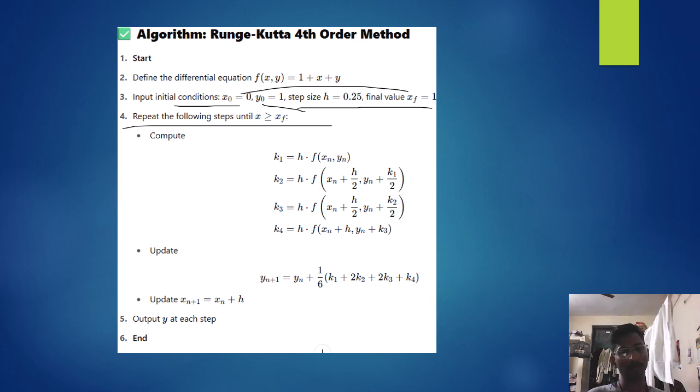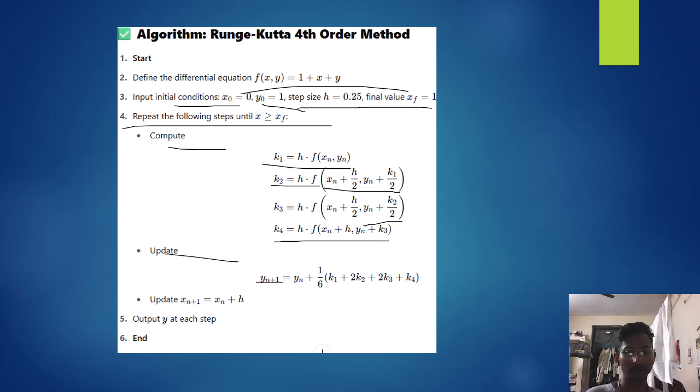Repeat the following steps until x is greater than the final x. Compute k1 is equal to h into f of xn, yn. k2 is equal to h into f of this equation. k3 is equal to h into f bracket of xn plus h by 2, yn plus k2 by 2. k4 is equal to h into f of xn plus h, yn plus k3.